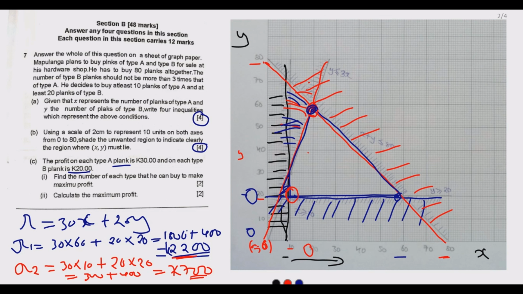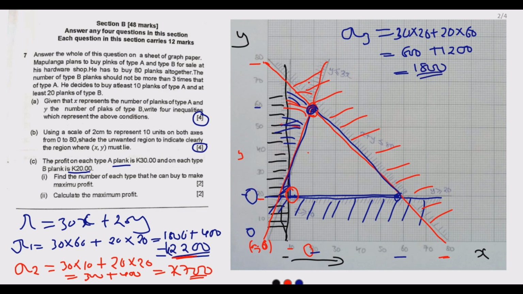At this point we have 60, 20. What will be the profit? We'll call it profit number 3. It will be 30 multiplied by 20, plus 20 multiplied by 60. So we end up with 600 plus 1,200. When we add this, we are getting 1,800 as profit number 3.